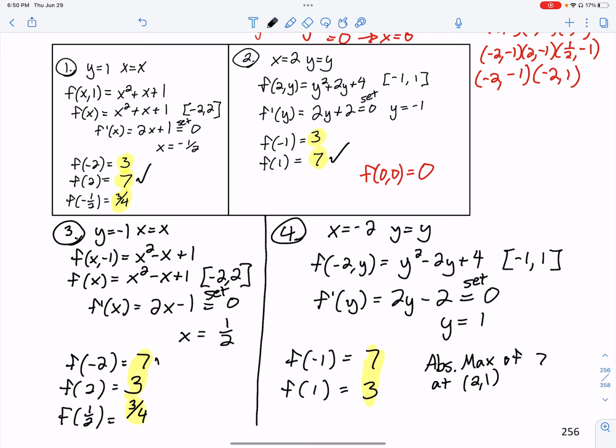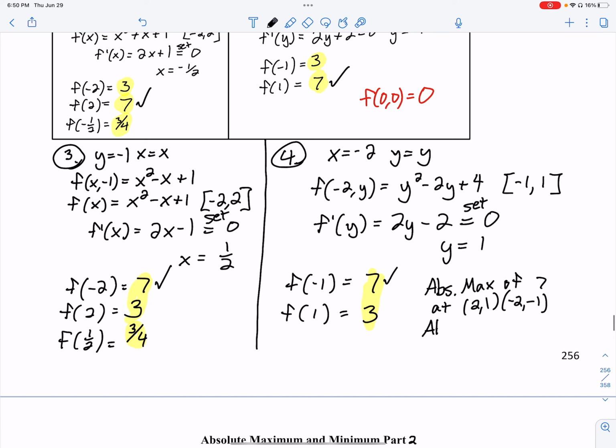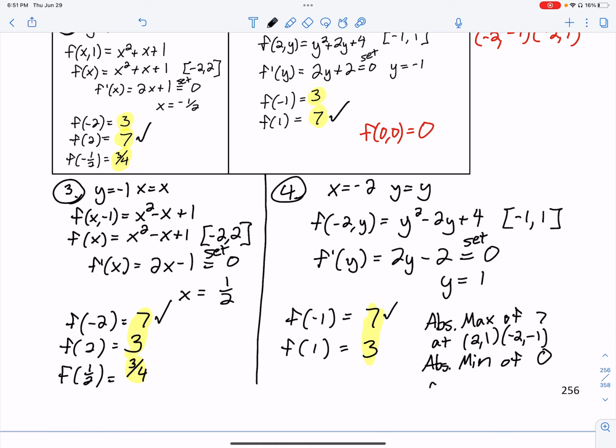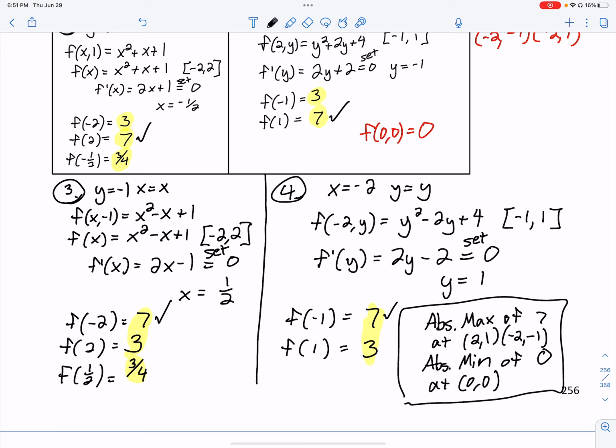The 7 here is going to be -2, -1. And then the last one is also that same thing. So there's our max. We also have an absolute minimum of, okay, we have 0 at 0, 0. So there, all that work for that answer there.